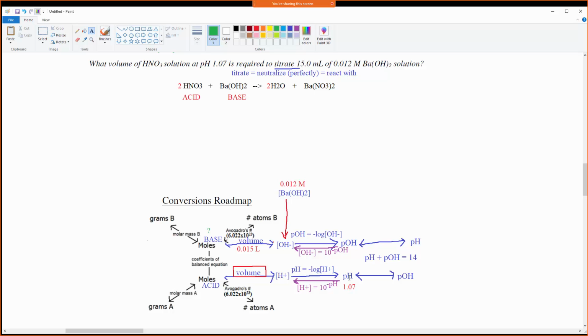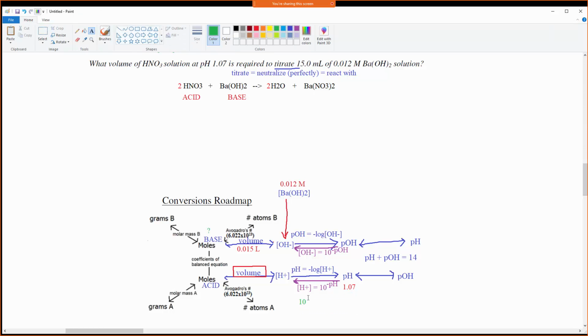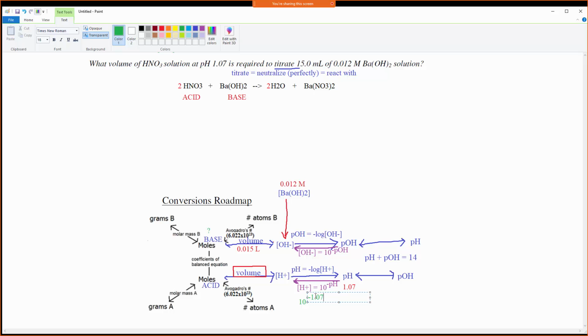All right, Sarah wants to start on this step. I'm just gonna go backwards. This is my pH, so 10 to the negative 1.07 should give me my H plus concentration.